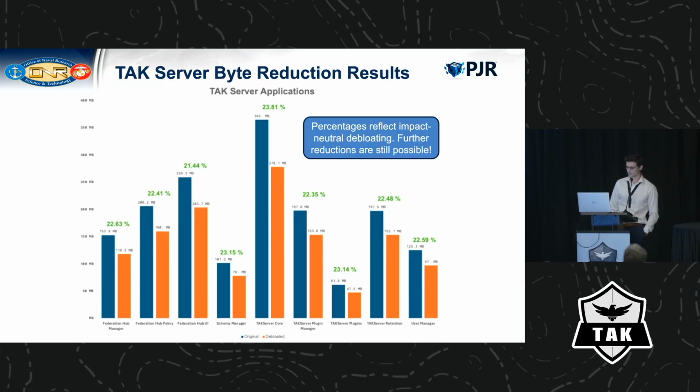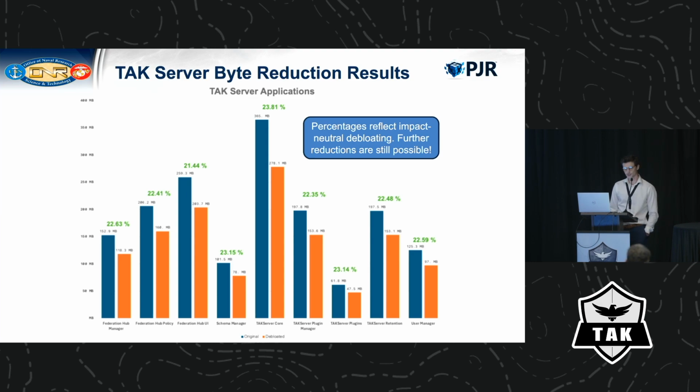And so here are some results that we got from debloating these 9 different TAK-Server applications. The main one sticking out is the TAK-Server core, where we were able to remove just under 24% of the application. These percentages, again, reflect the impact-neutral debloating, which is the removal of duplicate classes, debug information, and multi-release classes.